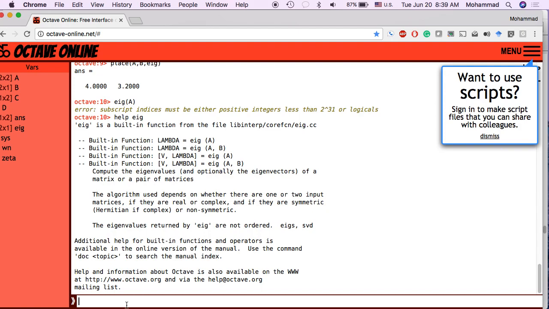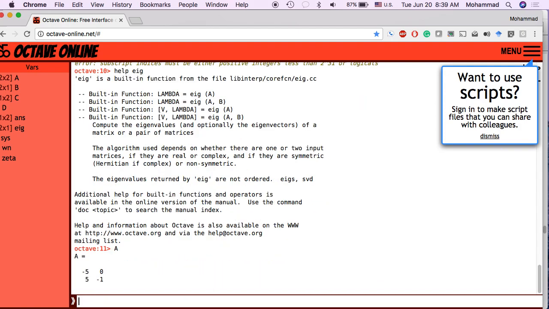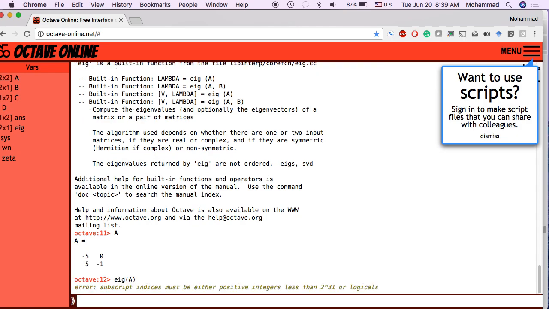So for the A matrix, when I type EIG of A, I get an error: subscript indices must be either positive integer or less than. Let me try it here. EIG of A. If you look at the middle screen, for some reason the online version doesn't give me the eigenvalues. But the eigenvalues of A should be -1 and -5.